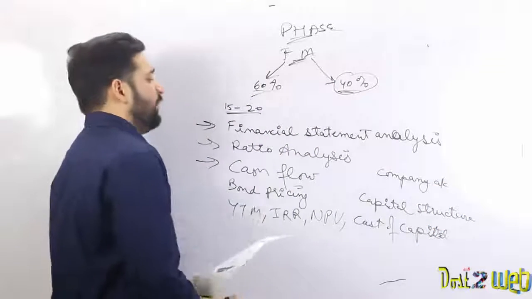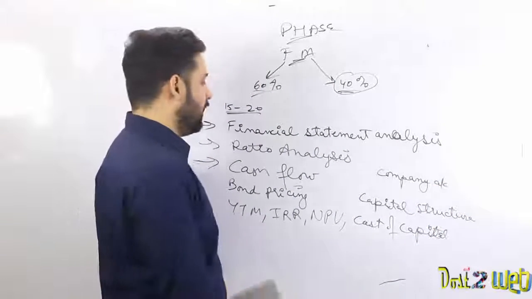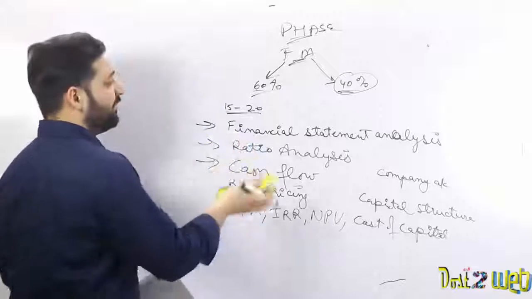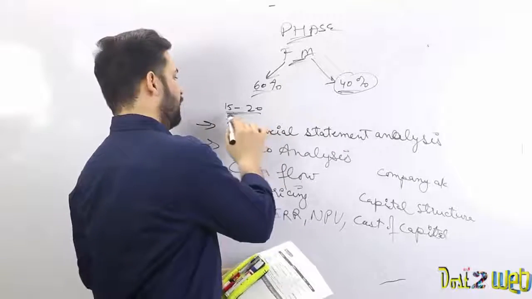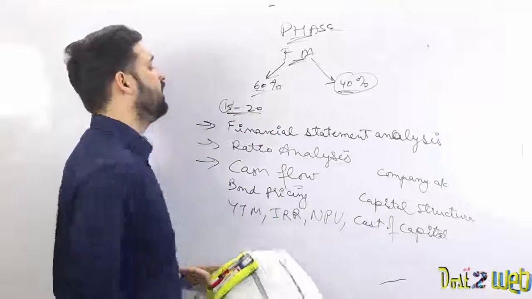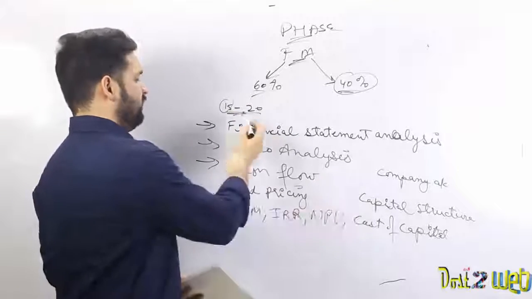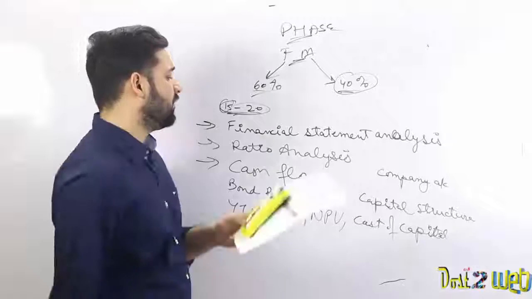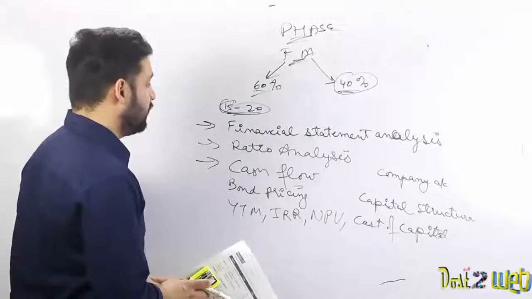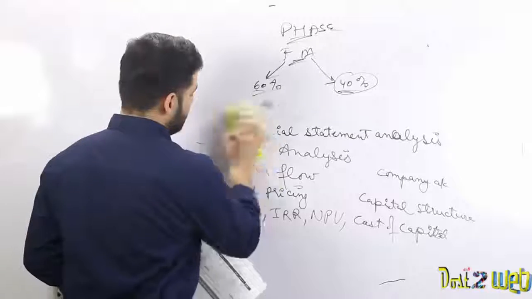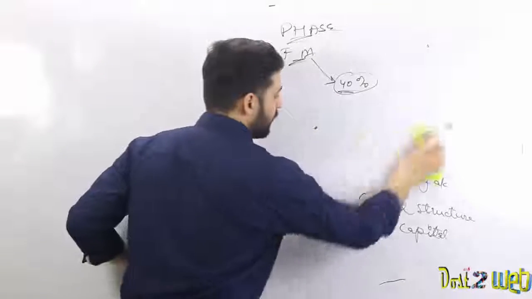So these are a few important topics. If we are talking about RBI Grade B FM, these are the few important topics for numericals. Last year 15 questions were asked from the numericals. So maybe this year 15 to 20 questions will be asked from numericals, and these are some important topics for numericals. So let's talk about the theoretical part, the important part actually.